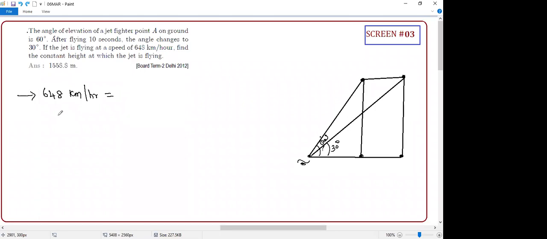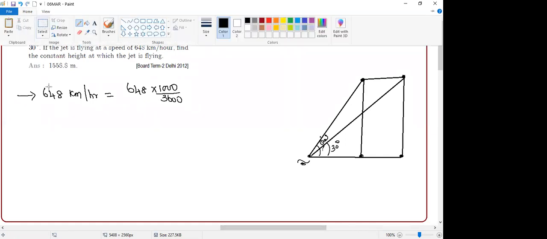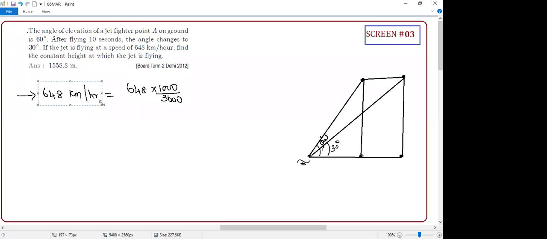Agree with me or not? Yes, sir. Kilometer to meter, multiply by 1000. So 648 multiplied by 1000. Then this hour you want what? In 1 hour, how many seconds are there? 3600. Are you clear, student? This will help you for your physics problems also. Can I mark this? Distance traveled in 10 seconds.